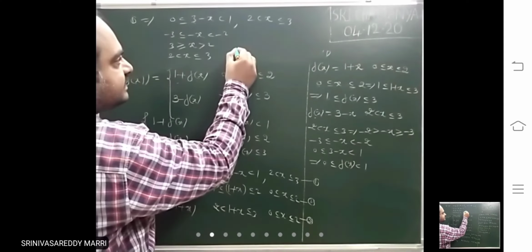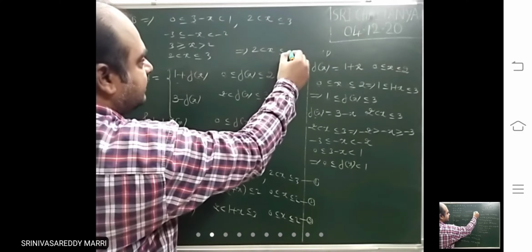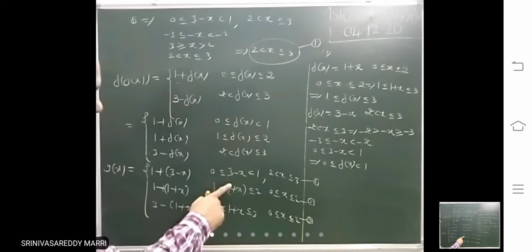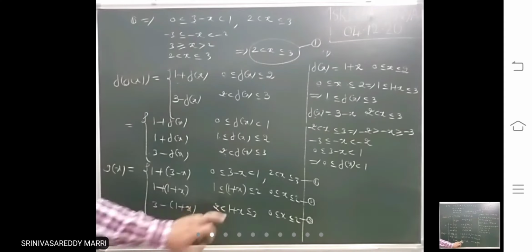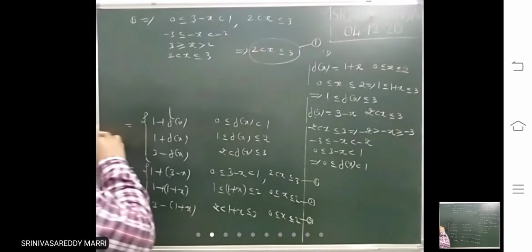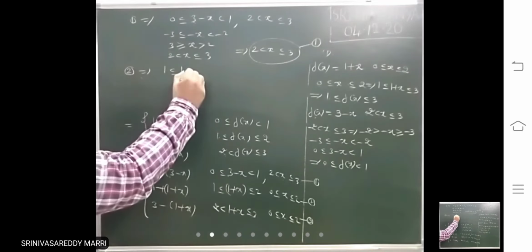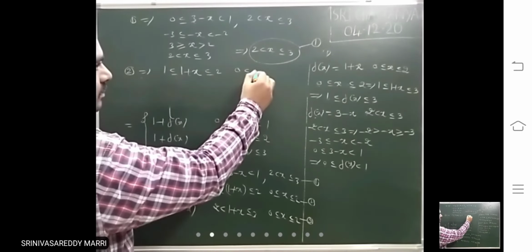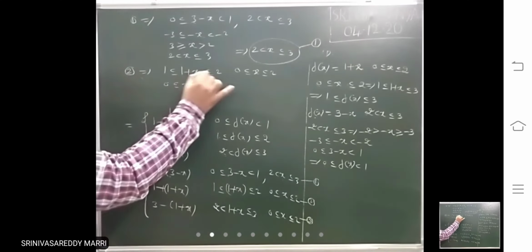This intersection implies 2 less than x less than or equal to 3. So this is the first interval. Regarding this and this, x satisfying both is nothing but 2 to 3. So next, if you take the second one, what you will get is 1 minus 1, 0.